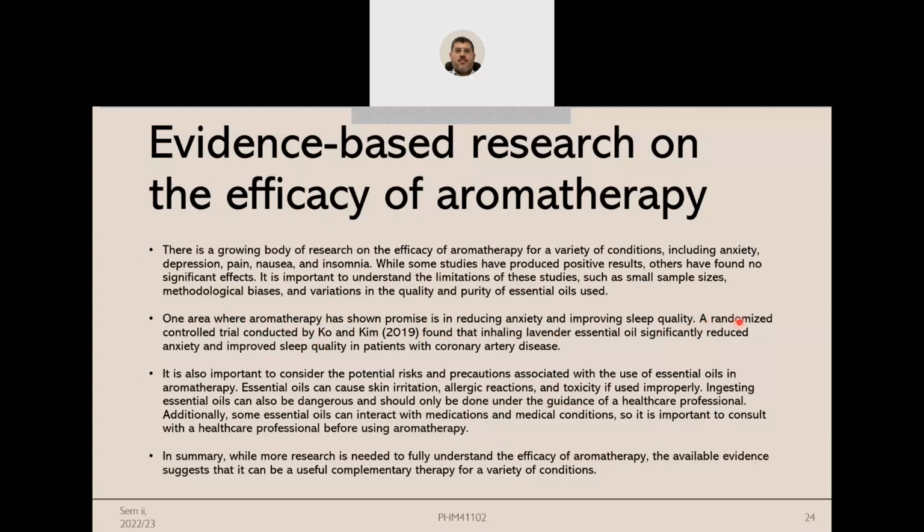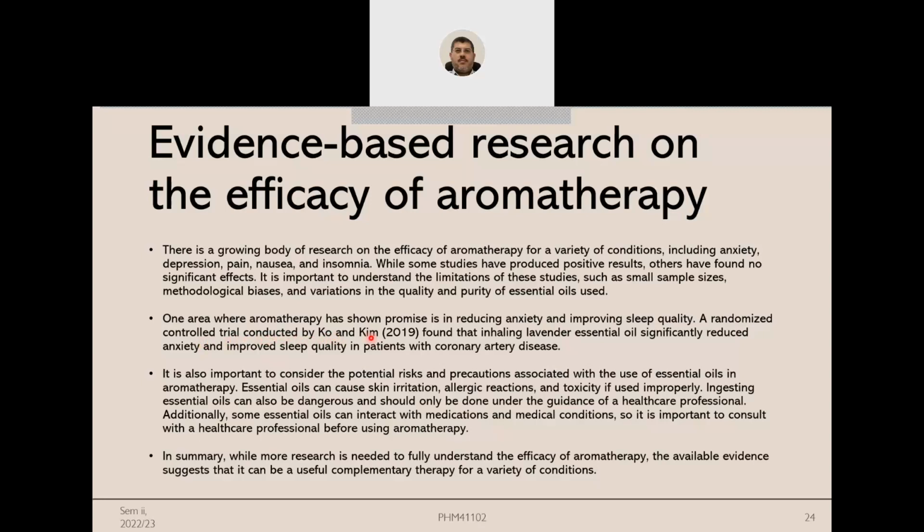Here we have, for example, a study that was done to study the effect of aromatherapy on reducing anxiety and improving sleep quality. It was a randomized controlled trial. When we say randomized controlled trial, this is generally a good design.